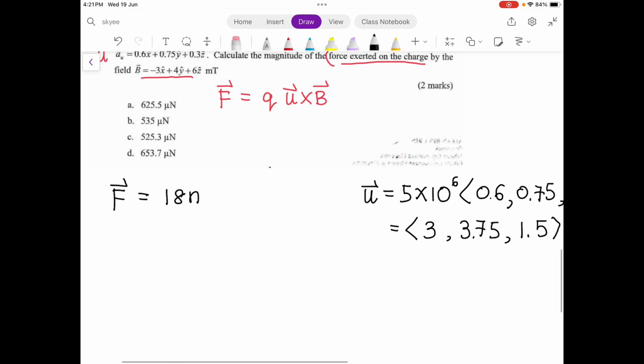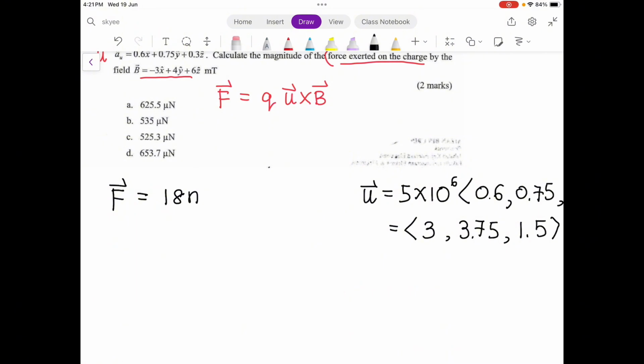And your B is given. So this is U cross B. If you remember how we perform the cross product of two vectors, you can either use a calculator or the manual solution. For the manual solution, it will be like this.